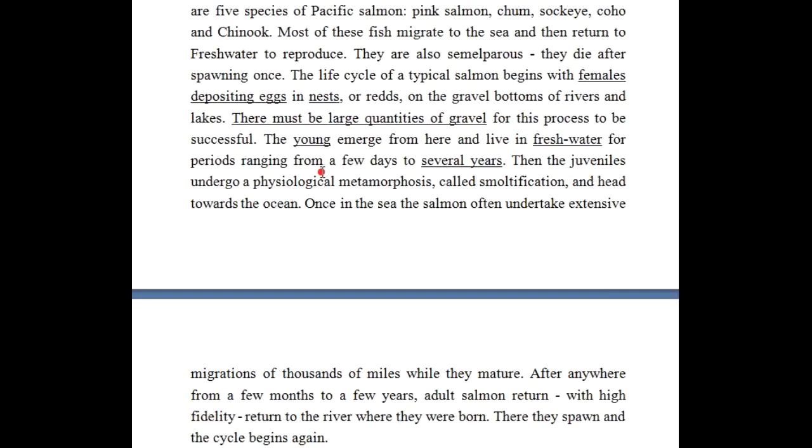Then the juveniles undergo, called, okay, so that is the name of the process called smoltification. And how do you know this is the name of a process? Because he's saying undergo a physiological metamorphosis. If you know the meaning of this word, that means the physical changes. So this process is known as smoltification, right?